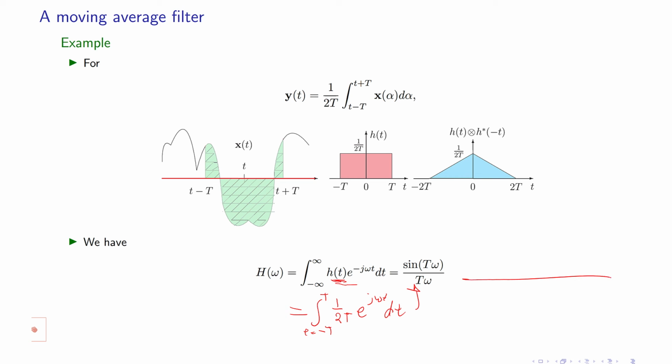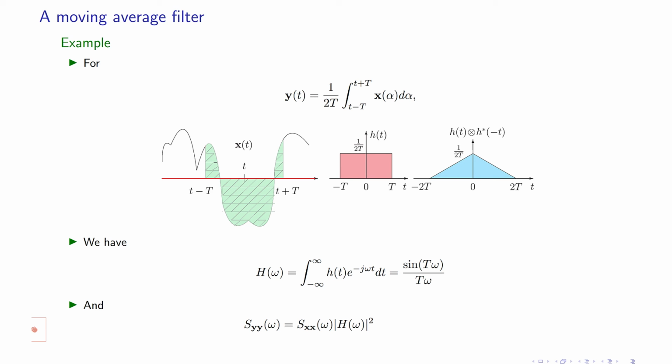If you plot it in the frequency domain, you get a function like this. At frequency 0, you get the highest peak, and the zero crossings are periodic, except at omega equals 0, where you get 0 divided by 0, and the limit is equal to 1.